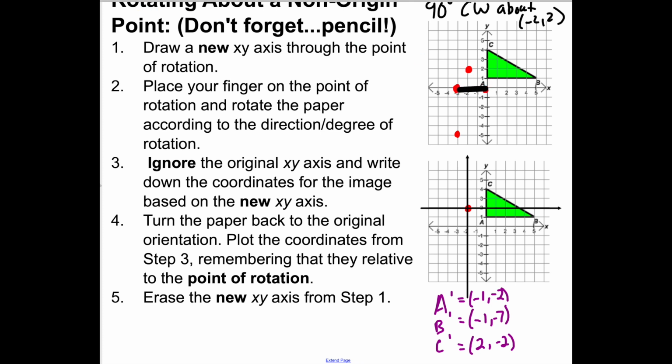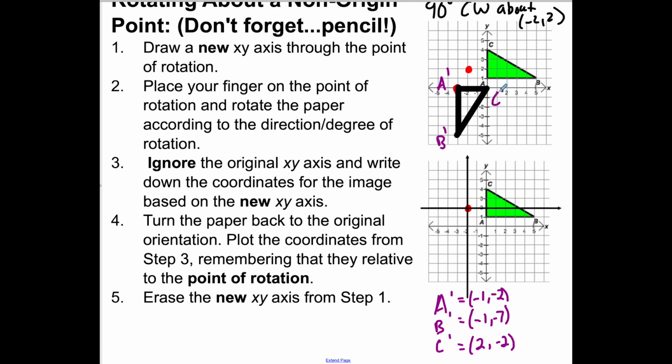Let's just undo that and try again. Now observe, let's go ahead and plot and really mark these up. So (-1, -2), that would be A prime, (-1, -7), B prime, and C prime.